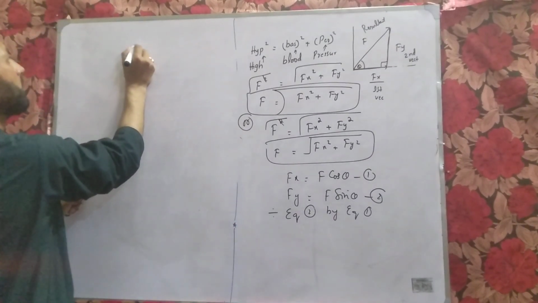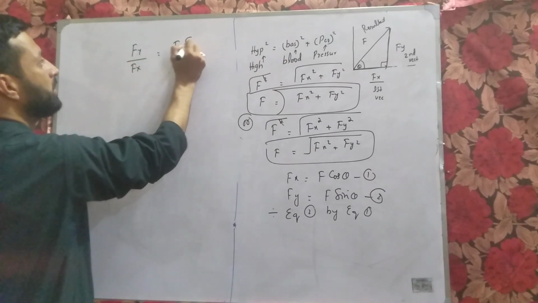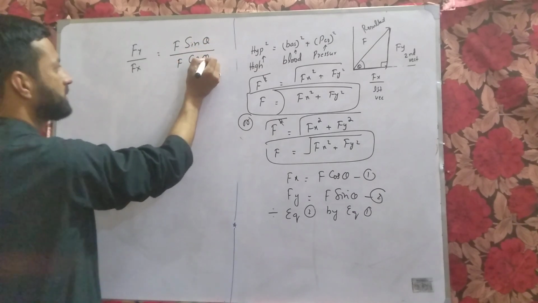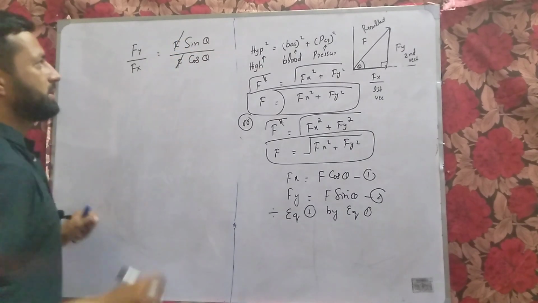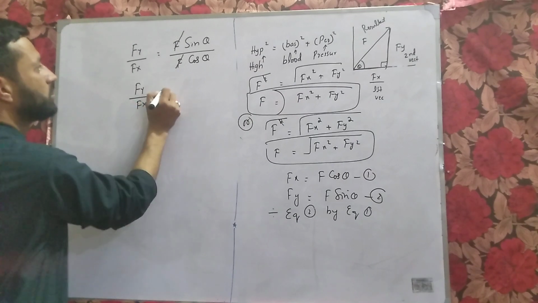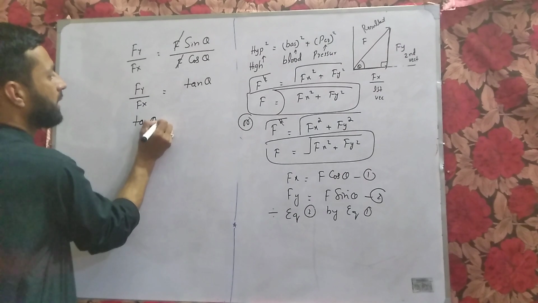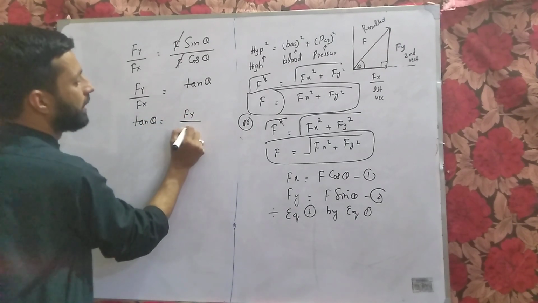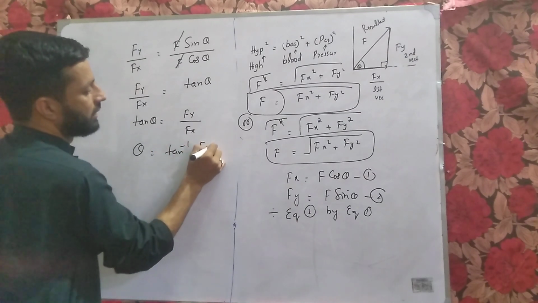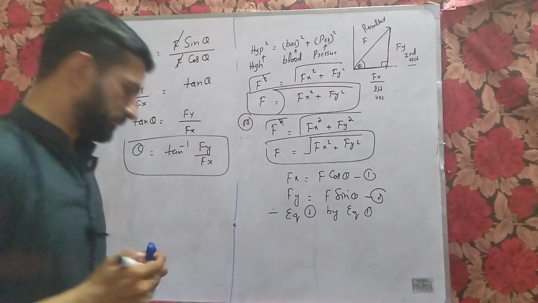So fy divided by fx is equal to f sin theta divided by f cos theta. This f cancels with this f. Sin theta divided by cos theta is tangent theta, so tangent theta is equal to fy divided by fx, or theta is equal to tangent inverse of fy divided by fx. Same as the result here.